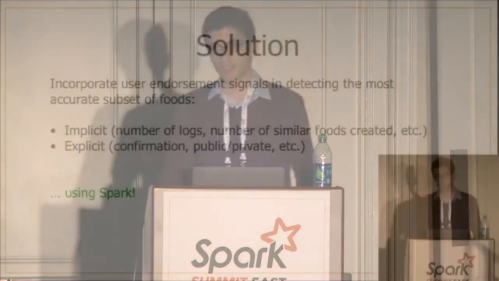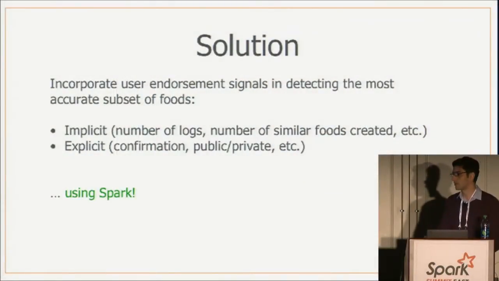So in this problem, we try to solve this issue by constructing the most accurate subset of our food database. In order to do so, we used a couple of important signals coming from users.